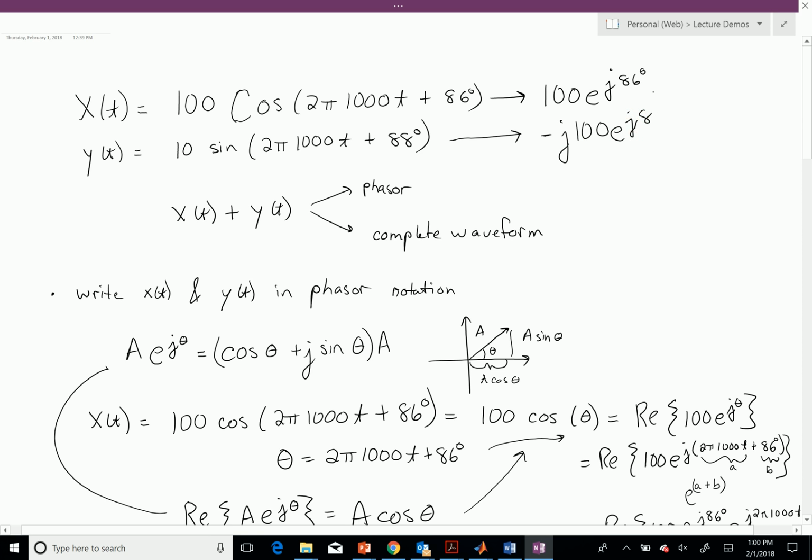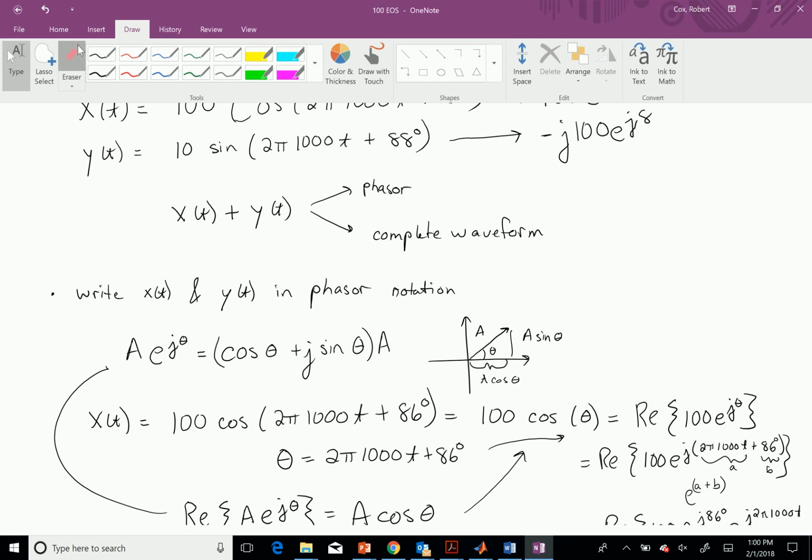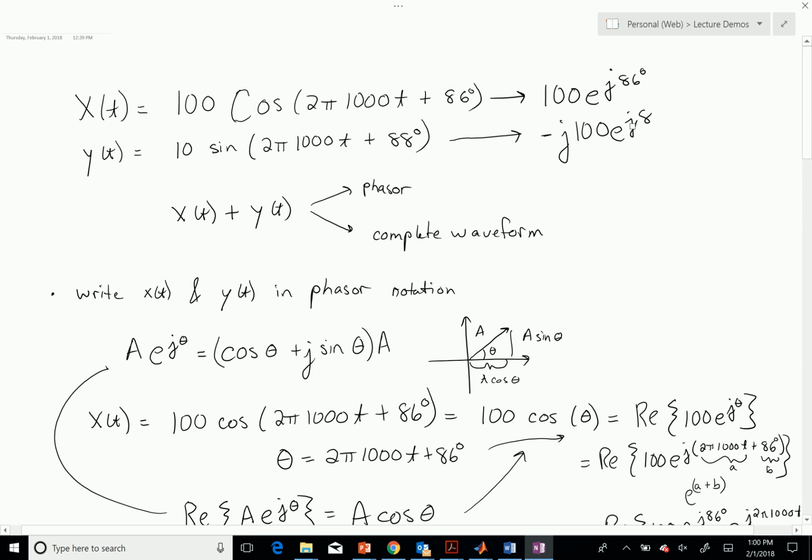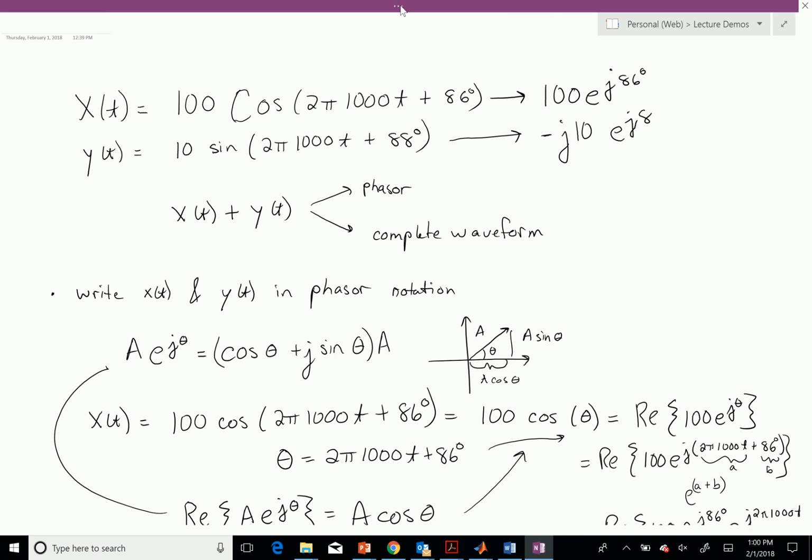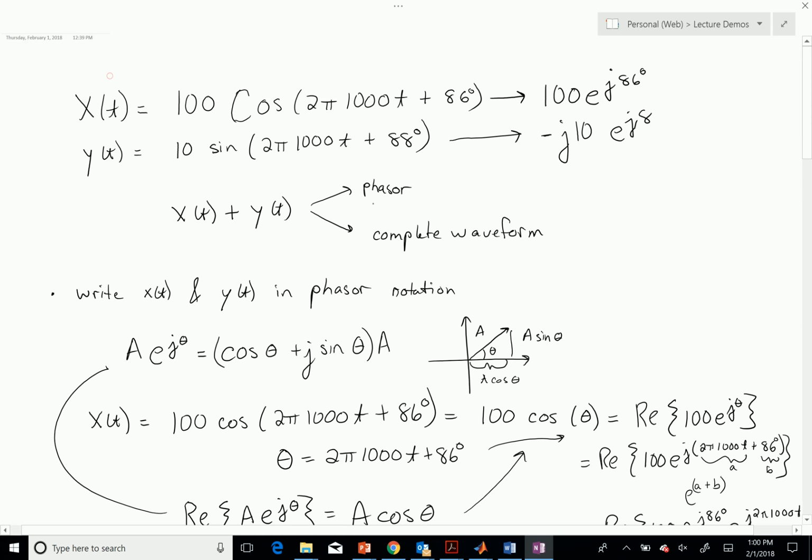Sorry, I said 100, but it should be 10 for this one. This guy has a different amplitude, and it should be 88 degrees. What that means is that it's 10 e to the j 88 minus 90. In other words, I subtract.